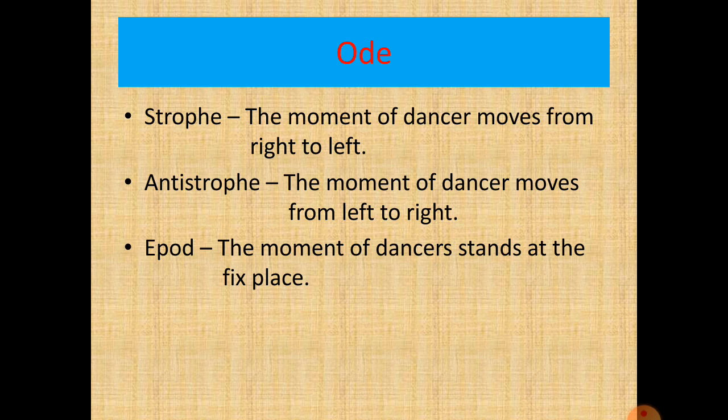The third stanza is known as epode, and in epode the dancers stand at a fixed place, or we can also say that they dance in one fixed particular circle.